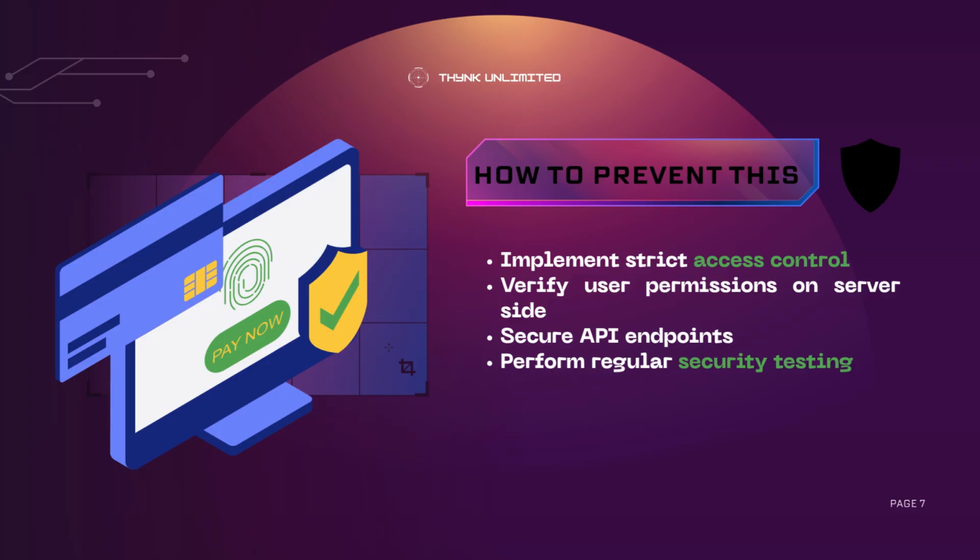In addition, regular security testing such as penetration testing and code reviews should be performed to identify vulnerabilities early. Organizations should also follow secure coding practices and maintain proper monitoring systems to detect suspicious activities. By following these measures, the risk of such vulnerabilities can be significantly reduced.